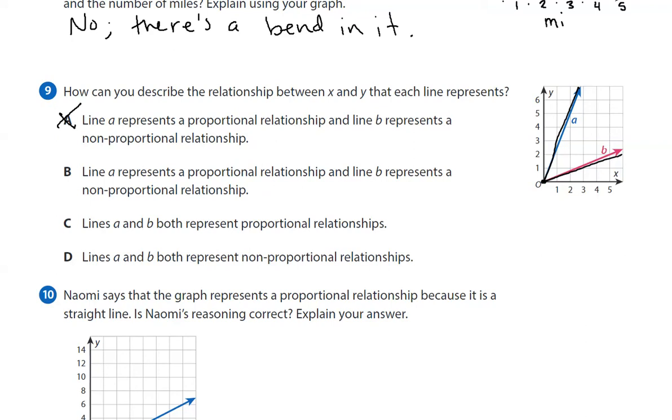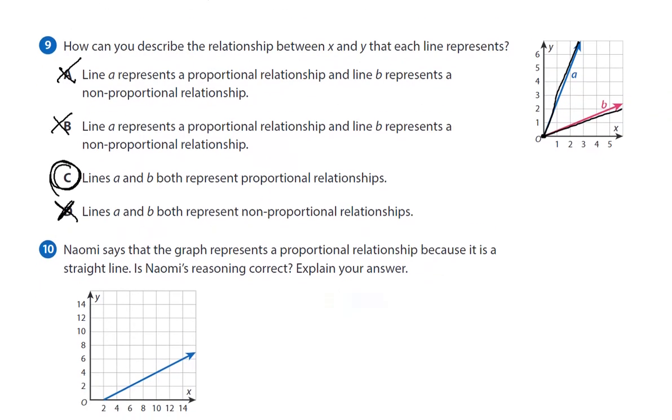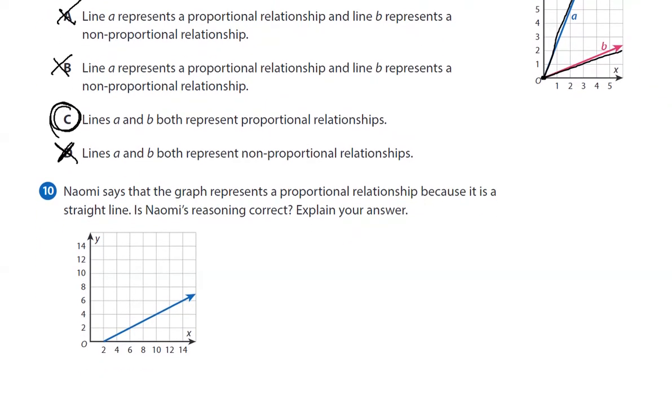Line A represents proportional and line B represents non-proportional. Doesn't that say the exact same thing? Am I crazy? Does that say the exact same thing right there? Yeah, it does. Option C, line A and B both represent proportional relationships. Okay, yeah, we figured that out. D says they both represent non-proportional. No, they're both proportional. Goodness sakes. They go through the origin and they are a straight line.